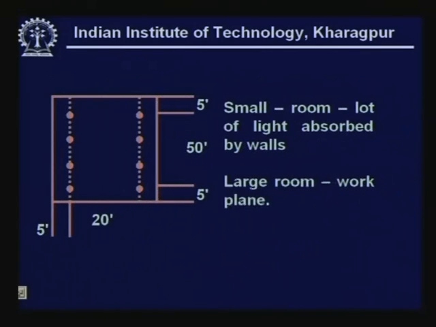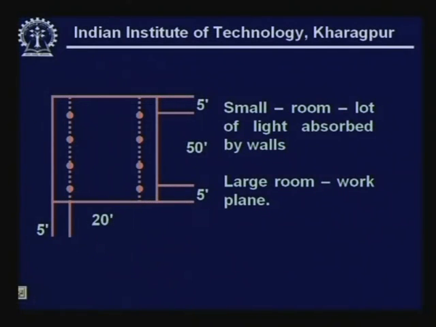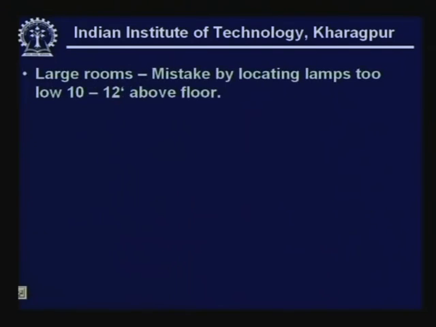This shows a typical small room, and you find the way it is marked: this is that 20 feet by 50 feet. The observation to be made here is that in a small room, a lot of light is absorbed by the walls. When you have a large room, the emphasis would be to have good lighting on the work plane.